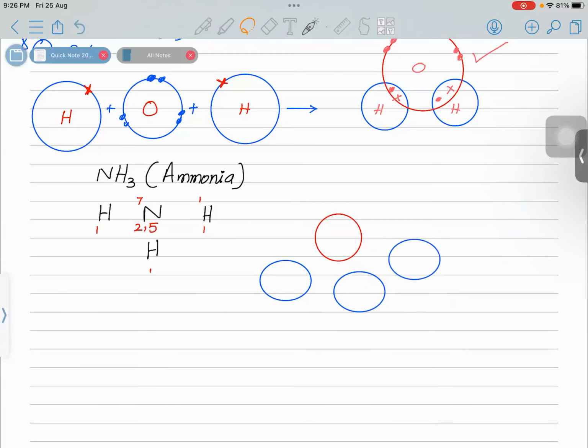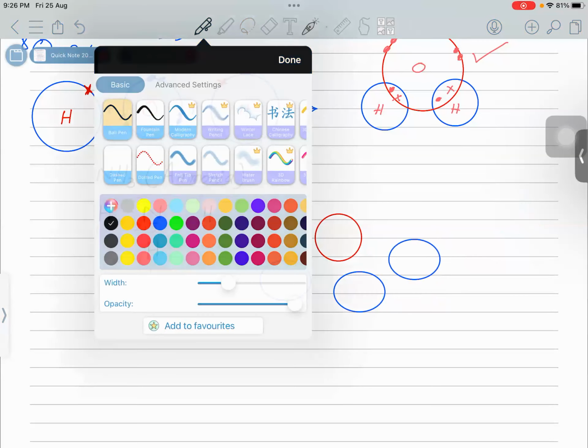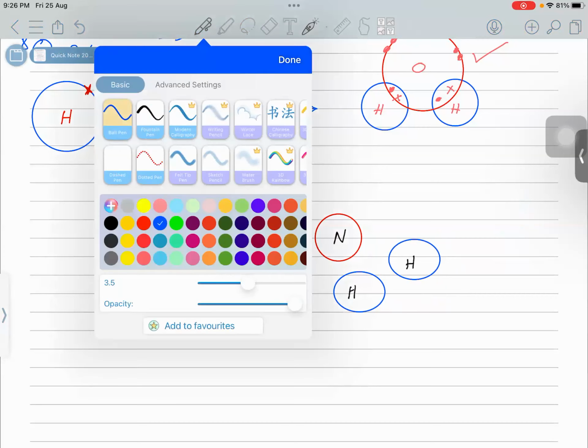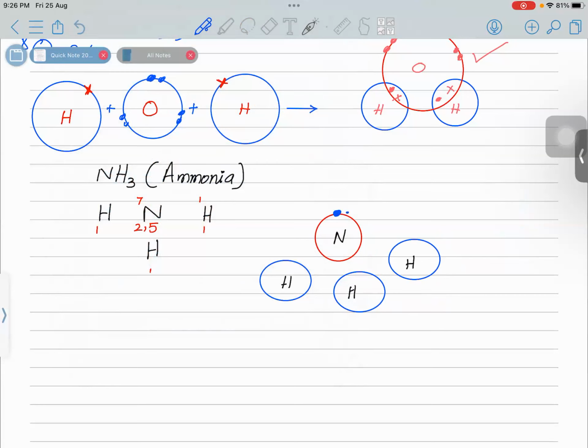How many valence electrons in nitrogen? 5, sir. So 1, 2, 3, 4, 5. And you all know that hydrogen has only 1 electron. Now combine.